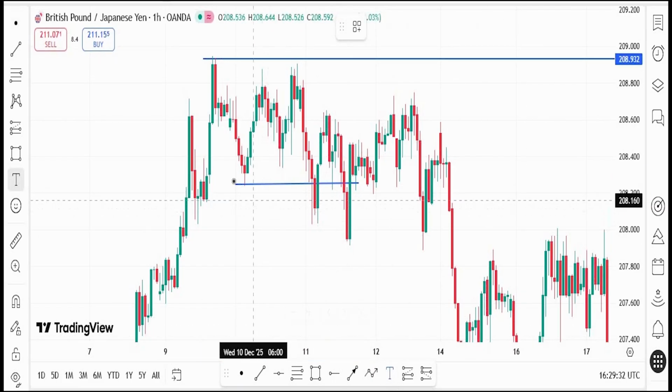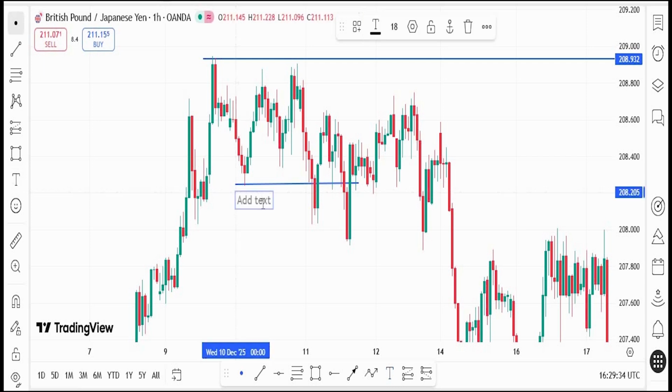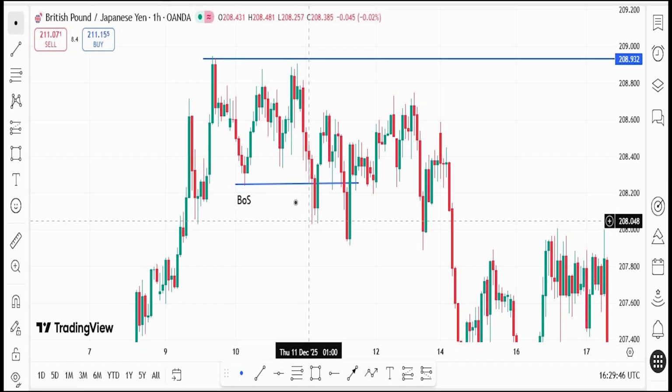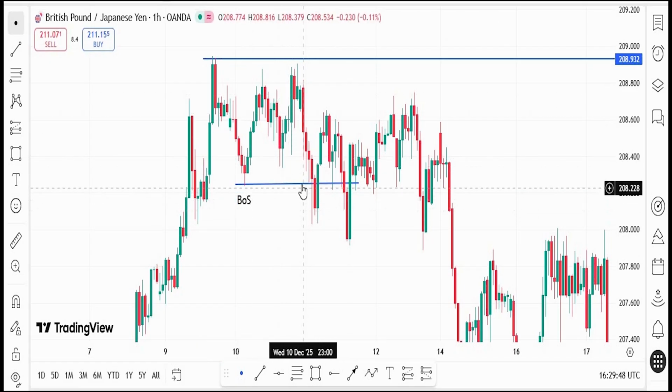Let me write it down. It is the break of structure, which for short is called as BOS. It is also called as CHOCH, change of character. So the change of character has happened. Now the power has shifted to the bears.